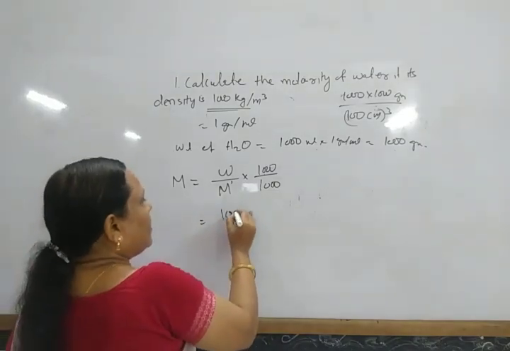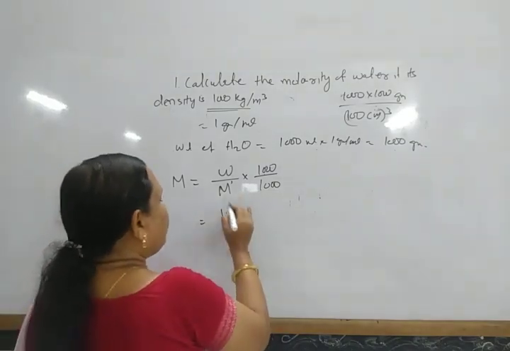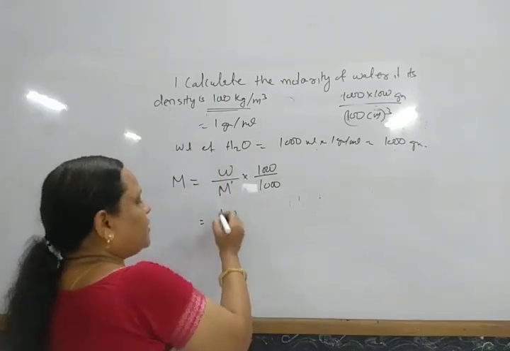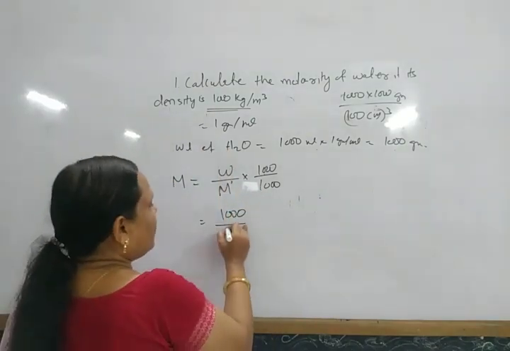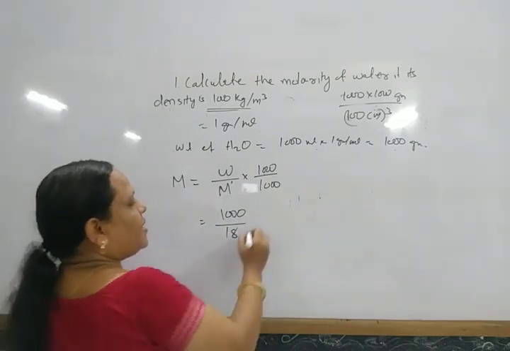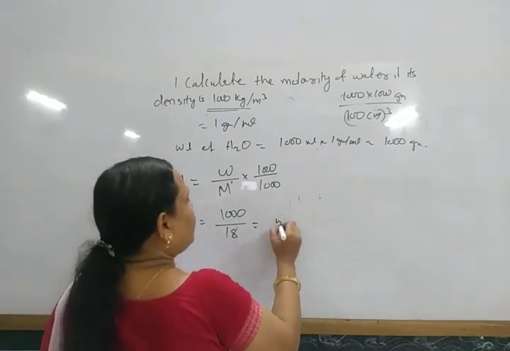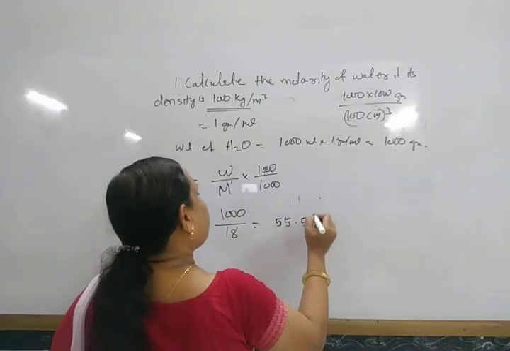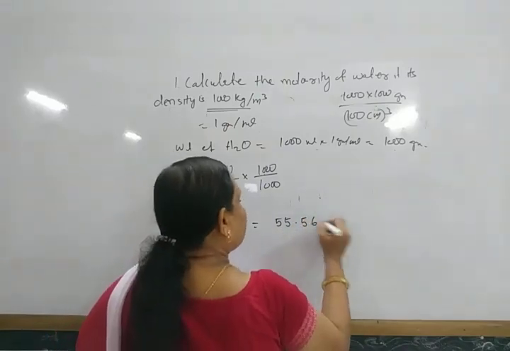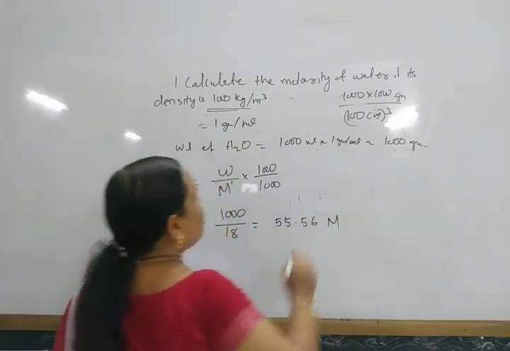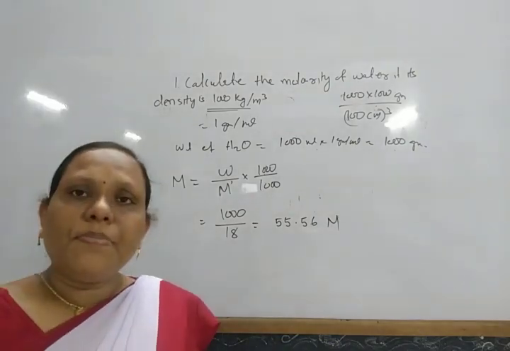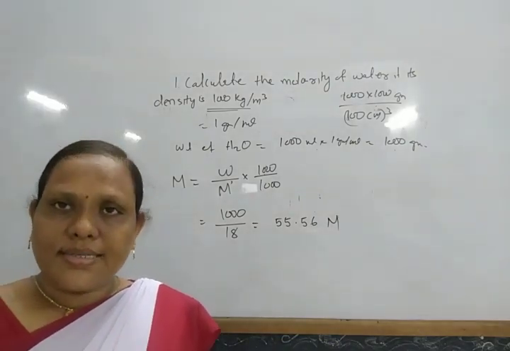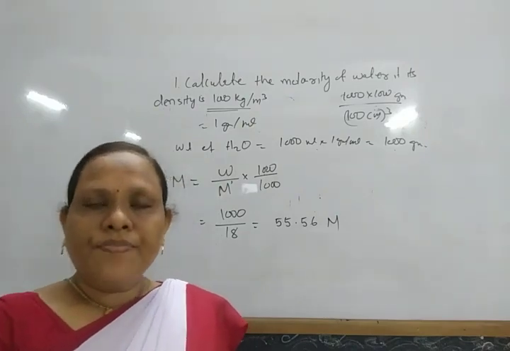The weight of water is 1000 and its molecular mass is 18. In this way we find 55.56 molar. So the molarity of water is 55.56. So for today, up to this.